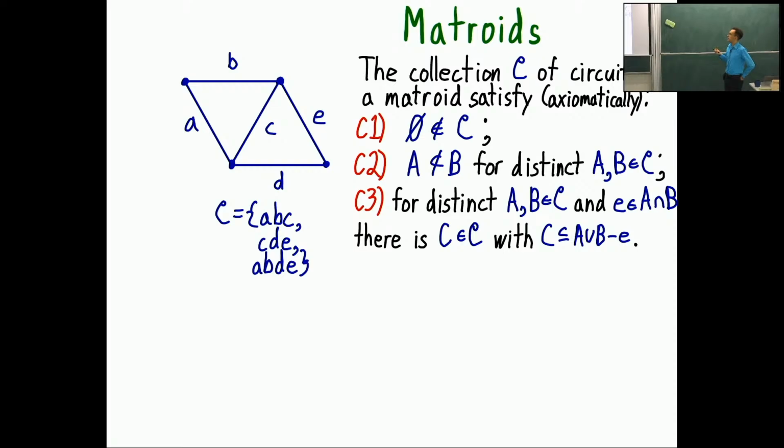So one of the ways to axiomatize matroids is with circuits. And these come from thinking about cycles in a graph.